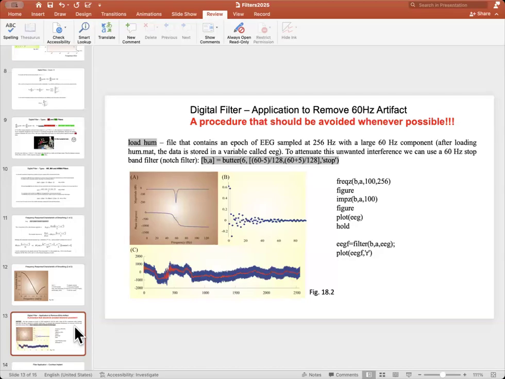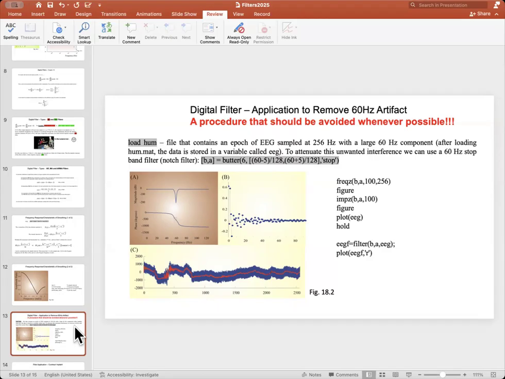It's a way better idea to get rid of your 60 cycles by proper grounding and shielding. But I have an example here and you can load that too. You load hum, a file that has some EEG data sampled at 256 Hertz. But the technician did not pay a lot of attention to grounding, and there is a huge amount of 60 cycles in that data.